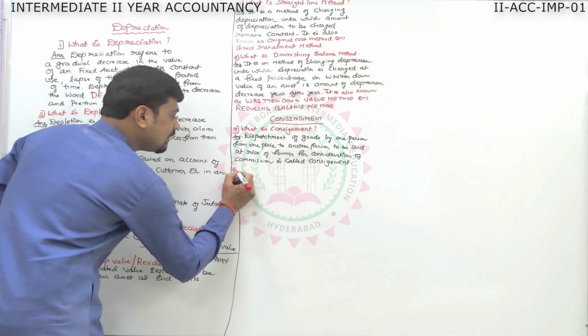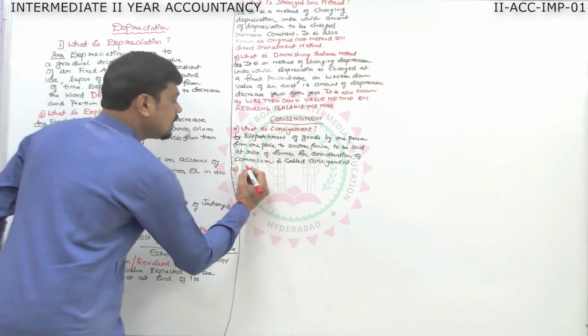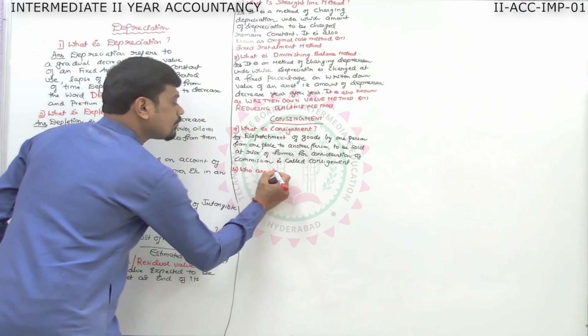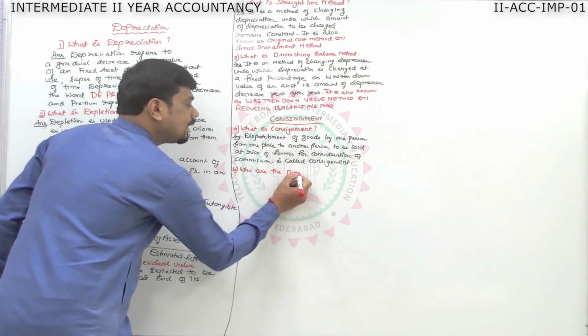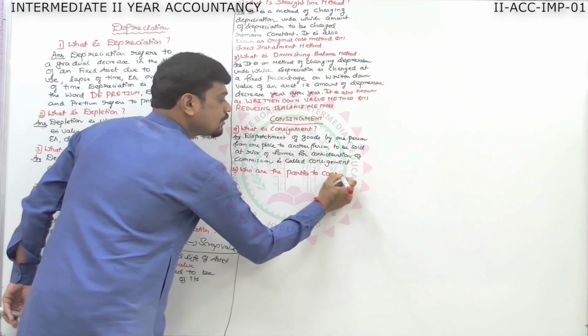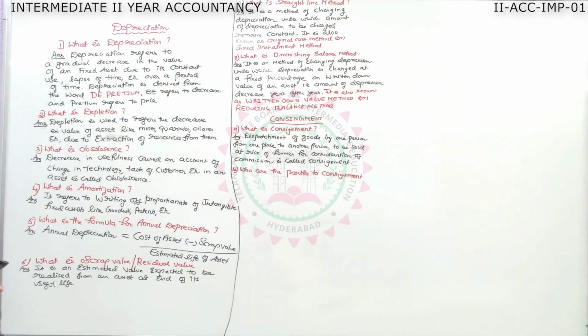Then, what can we expect in the next question? You can expect the examiner to ask you who are the parties to consignment.